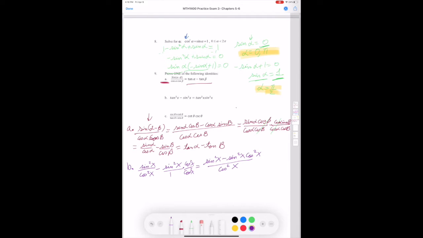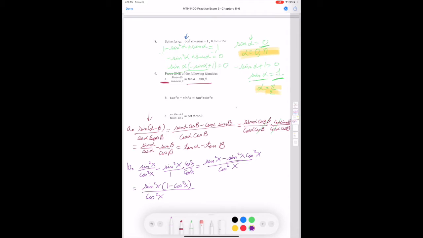I'm going to go ahead and factor out a sine squared x. Well, that gives me sine squared x over cosine squared x times 1 minus cosine squared x.